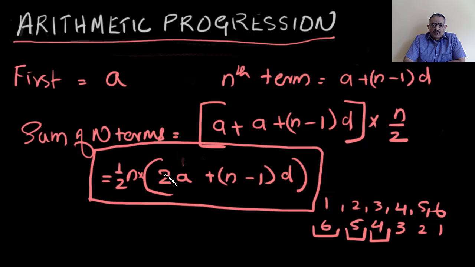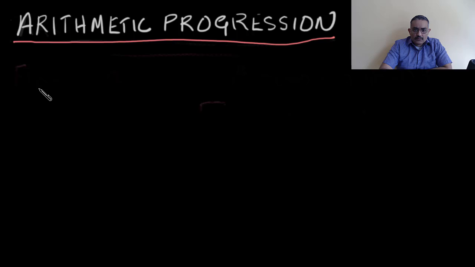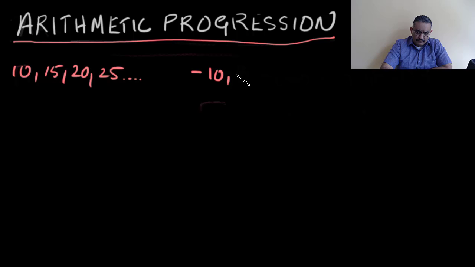Now let's apply this to a practical example. The two examples we want to try: example 1 would be 10, 15, 20, 25, and the second example would be minus 10, minus 15, minus 20, minus 25, and so on.